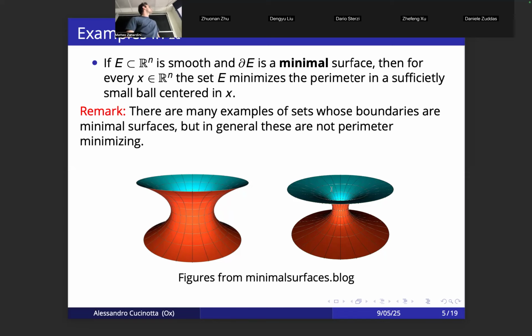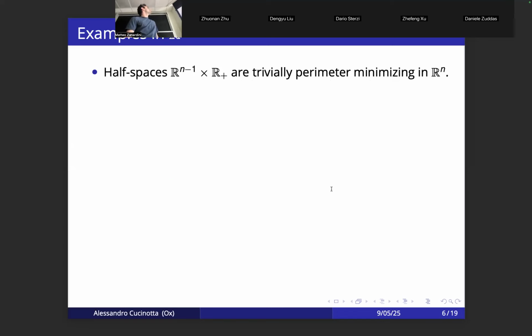All right, so this brings us to the examples that are actually relevant for our problem: examples of perimeter minimizing sets in R^n. The first trivial class of examples is given by half spaces. This is very easy to check. Something of the form R^(n-1) times (0, +infinity). But these are not very interesting examples.